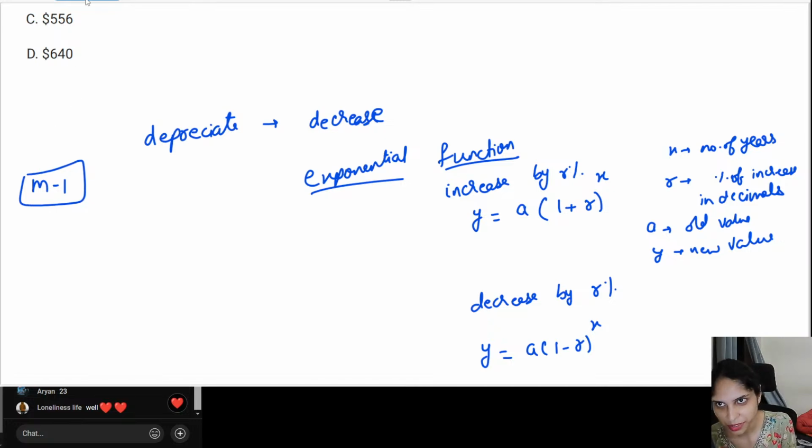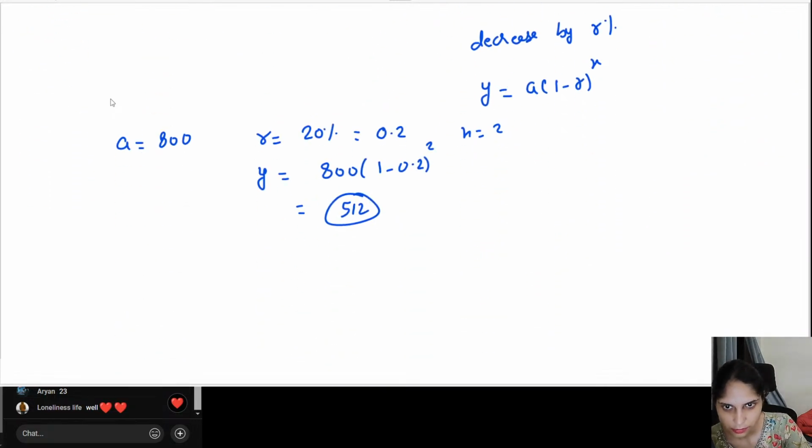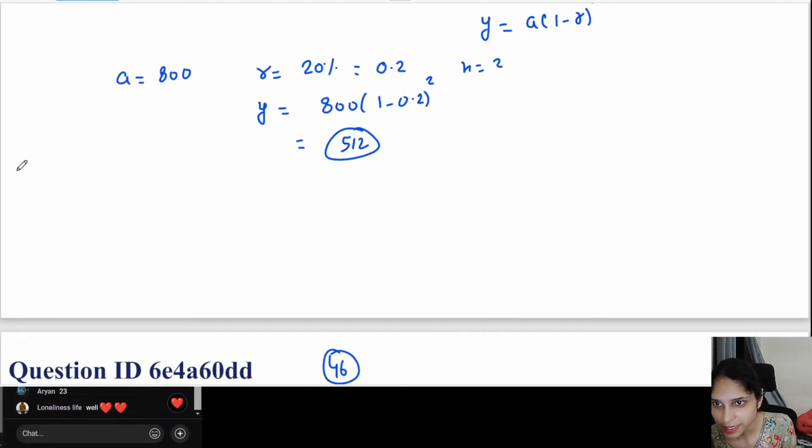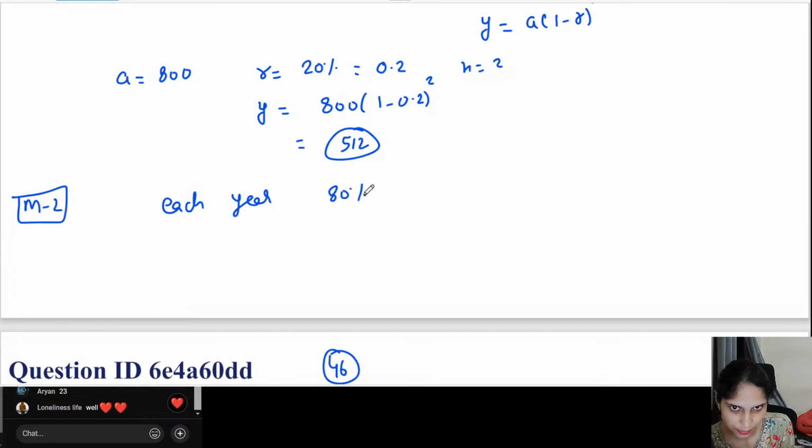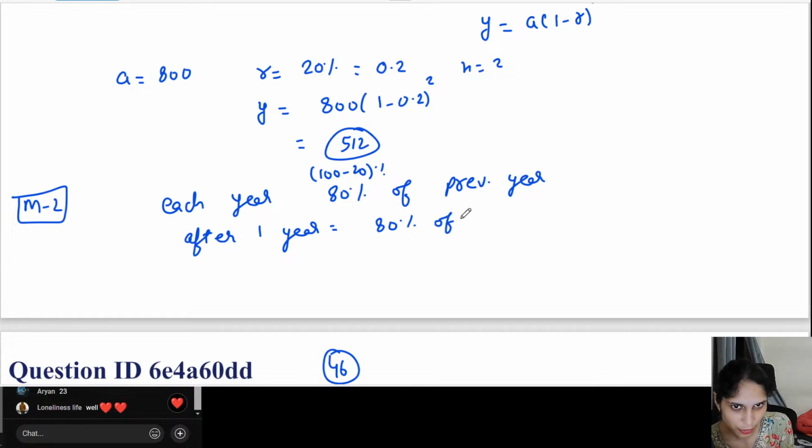So this is method 1. In the second method, you know each year it is becoming 80% of the previous year. Why 80%? Because 100 minus 20%. Because you are decreasing. So after 1 year, it will be 80% of 800.